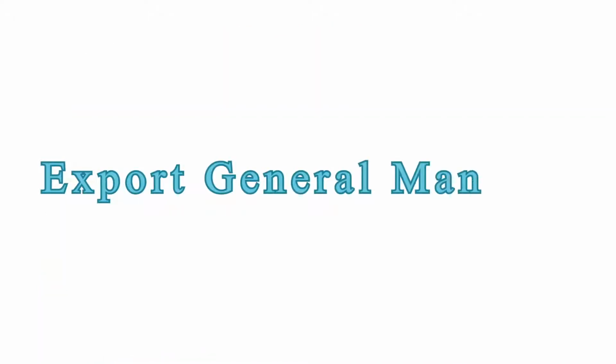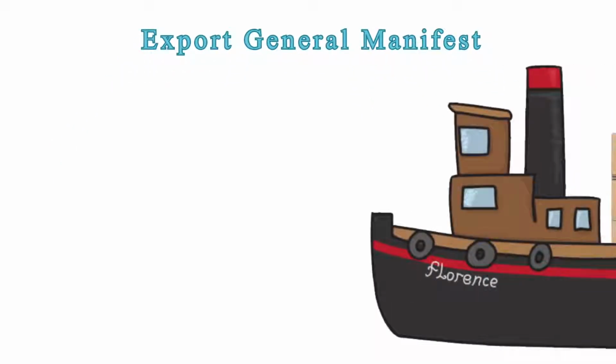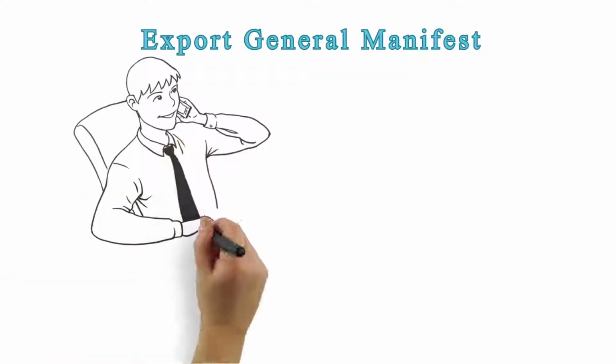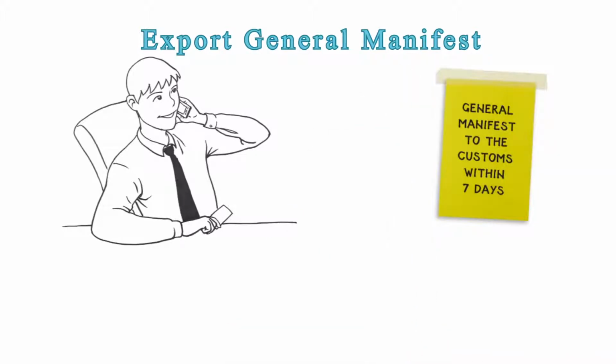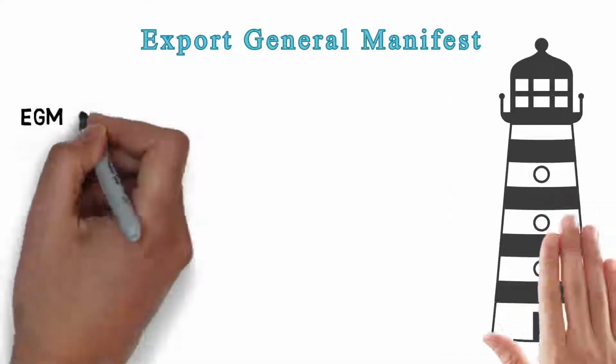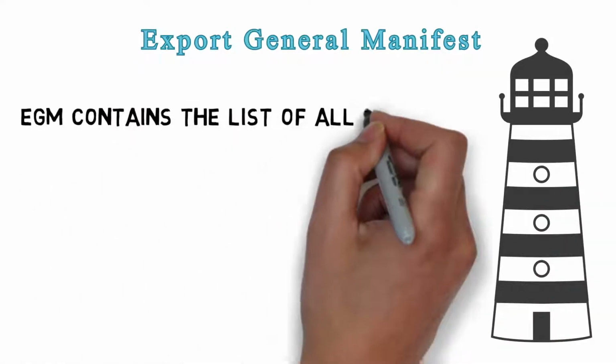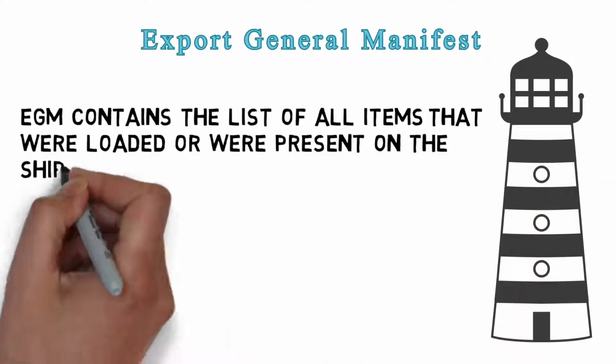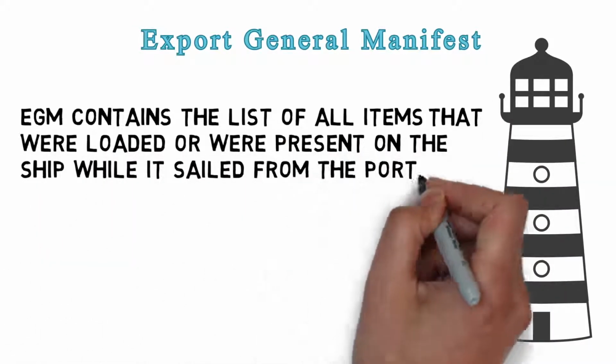Export General Manifest. Once the ship sails away, shipping lines or its agents furnish the Export General Manifest to the customs within 7 days from the date of sailing of the vessel. EGM contains the list of all items that were loaded or were present on the ship while it sailed from the port.